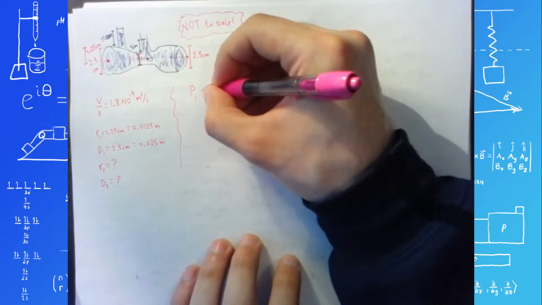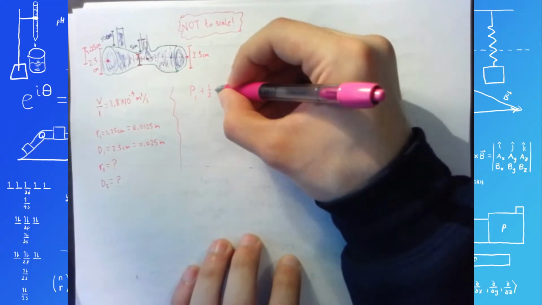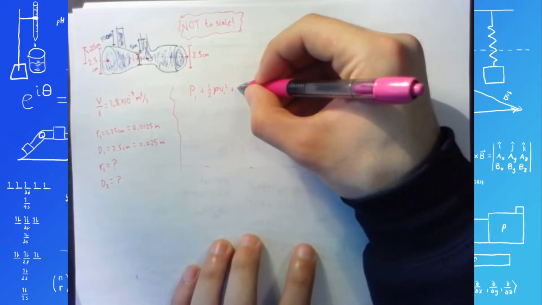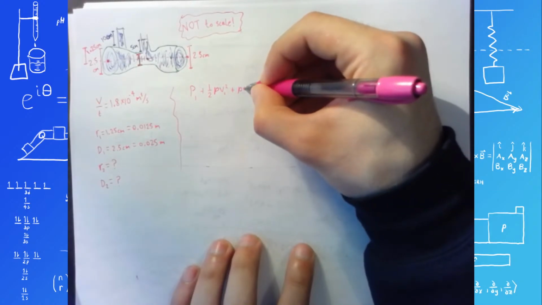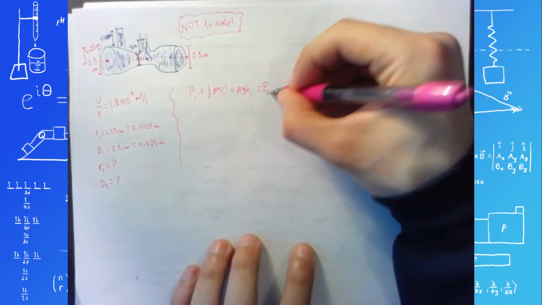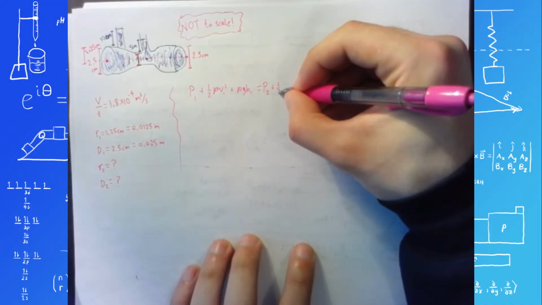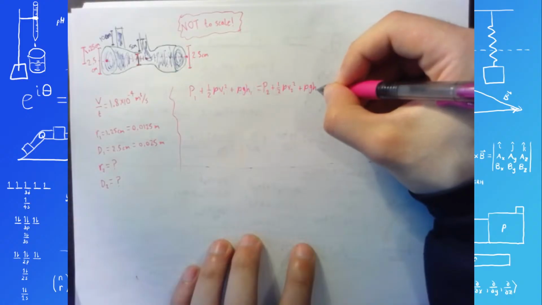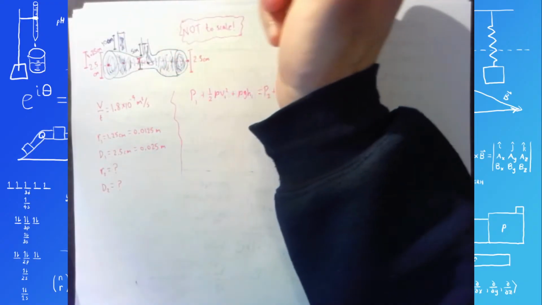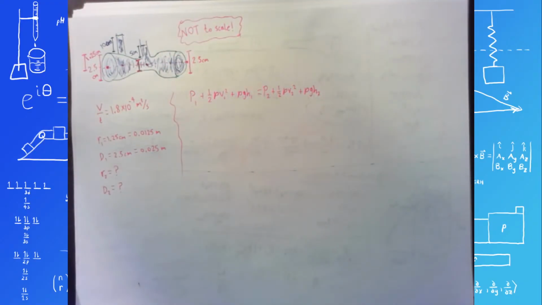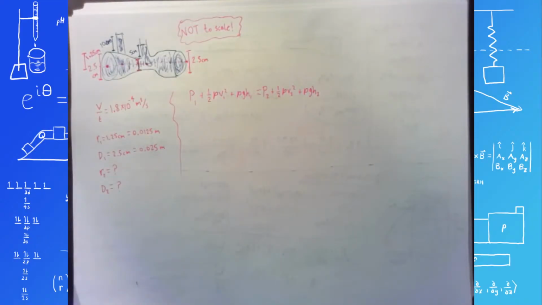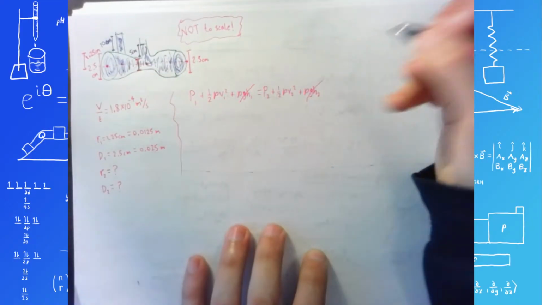Bernoulli's equation tells us P1 plus 1/2 rho V1 squared plus rho g h1 equals P2 plus 1/2 rho V2 squared plus rho g h2. These 2 points are at the same height, so this part cancels out.